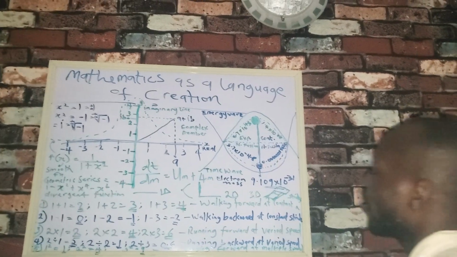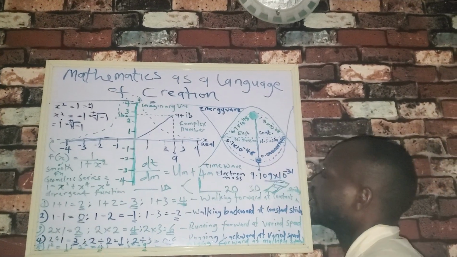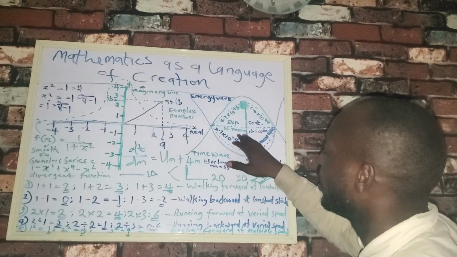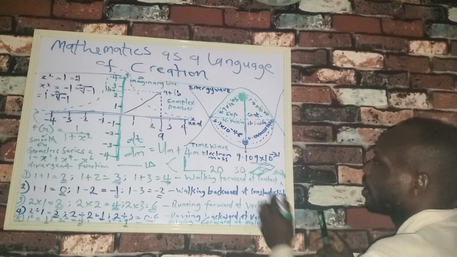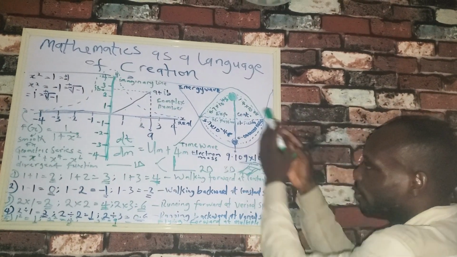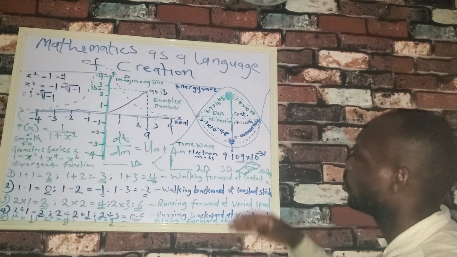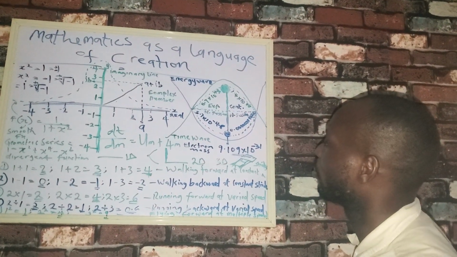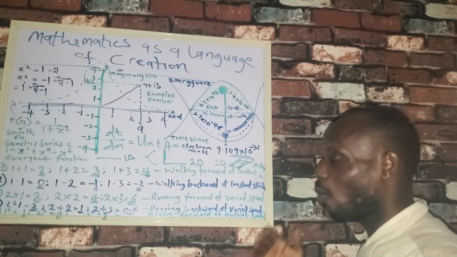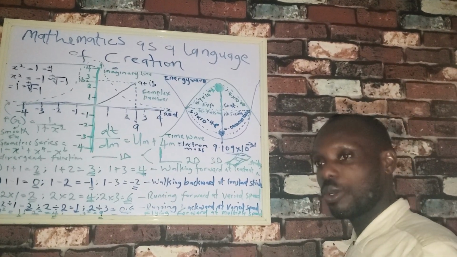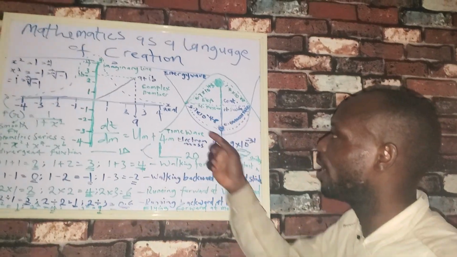Then another thing that we need to look at is nuclear fusion. How are nuclear fusion and nuclear fission related to this scenario of the time energy wave model? Now we know that deuterium and tritium are isotopes of the hydrogen atom.